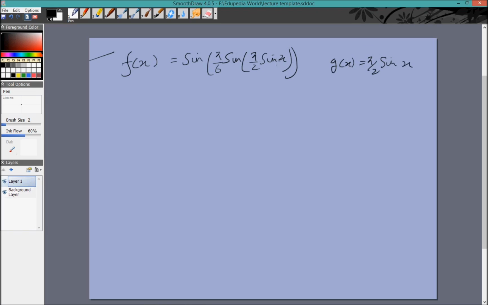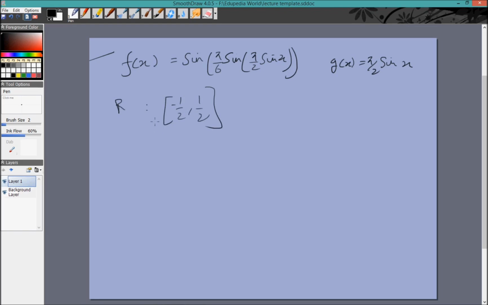Now sine x ranges from minus 1 to 1, so this term will range from minus pi by 2 to pi by 2. Sine of minus pi by 2 to pi by 2 again ranges from minus 1 to 1, so this will be from minus pi by 6 to pi by 6. That means the range of f(x) will be minus 1 by 2 to 1 by 2, sine pi by 6 and sine minus pi by 6.